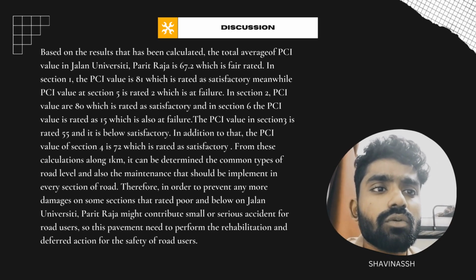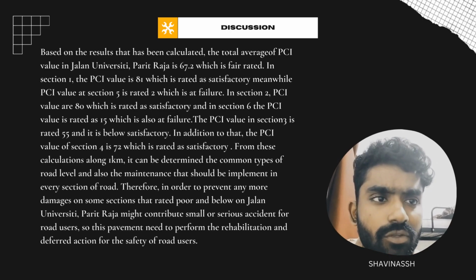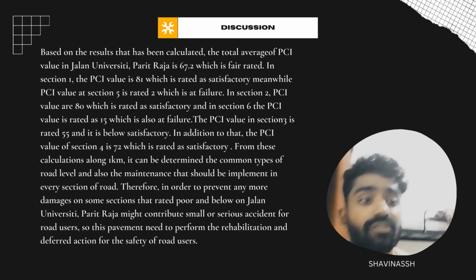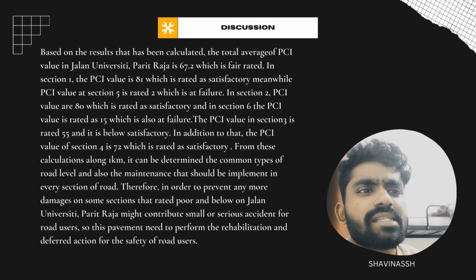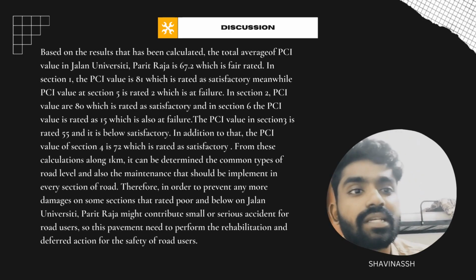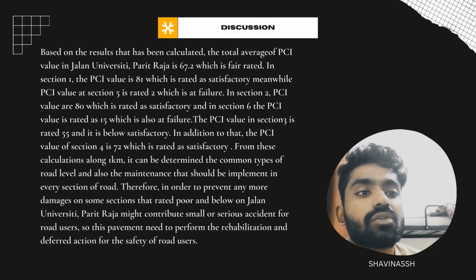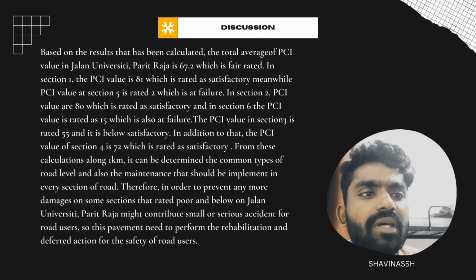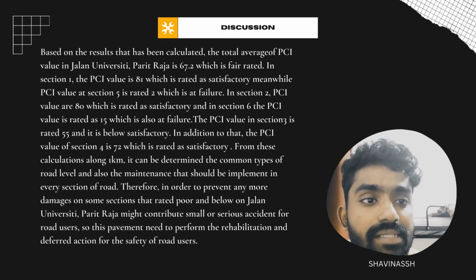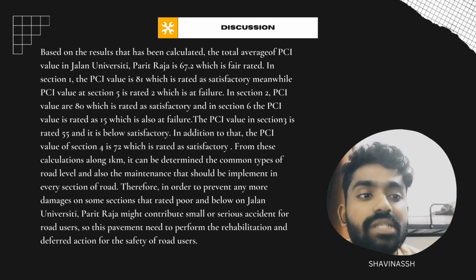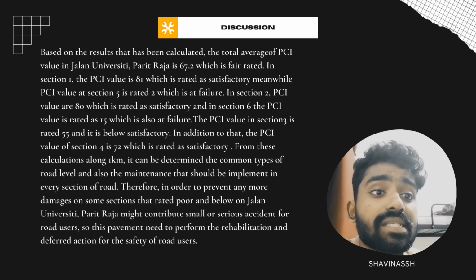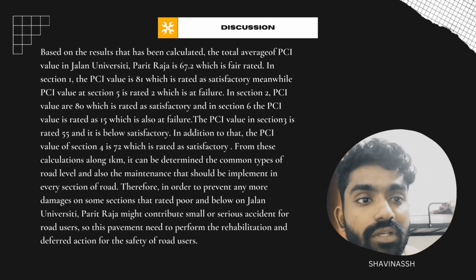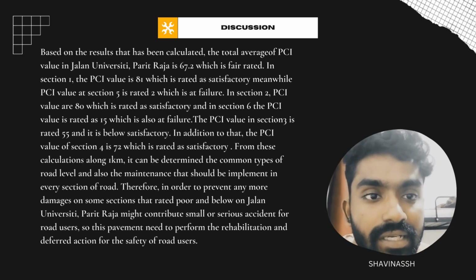In section 2, the PCI value is 80, which is rated satisfactory, and in section 6 the PCI value is 15, which is at failure. The PCI value in section 3 is 55 and it is below satisfactory, while the PCI value of section 4 is 72, which is rated as satisfactory.